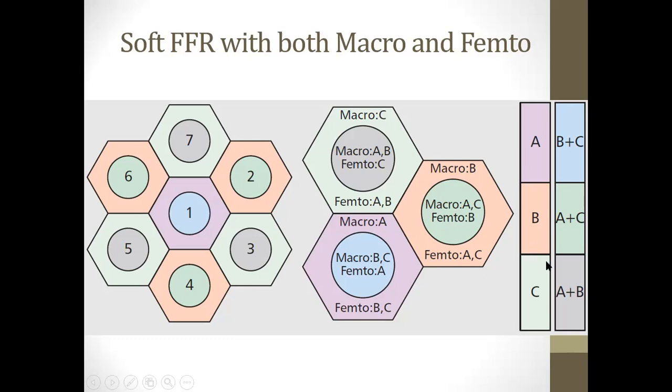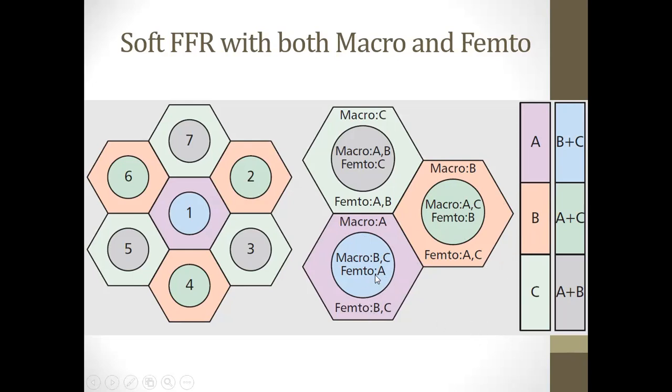Split into three parts. Again, the key aspect is that the cell edge users have different frequencies. One is using A, the other is using B, the other is using C. So FRF is 3 for cell edge users. And the macrocells are using the rest, BC or AC or AB.